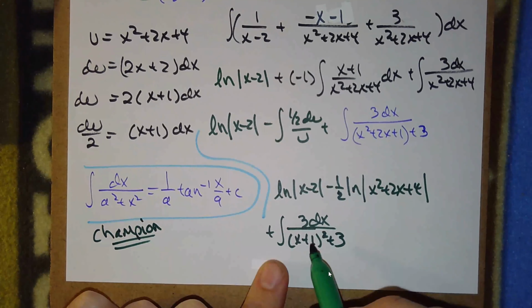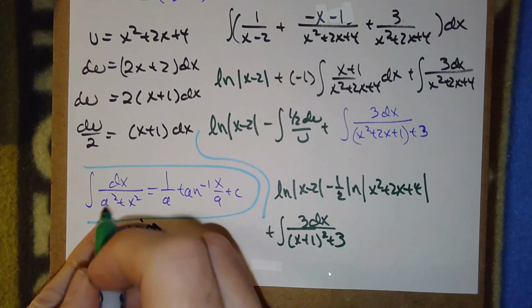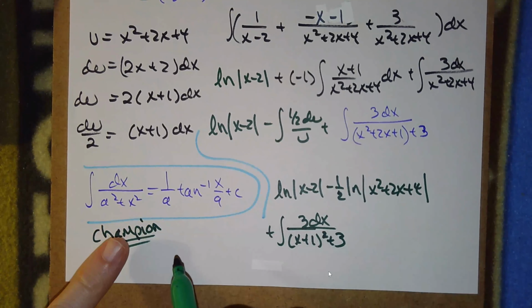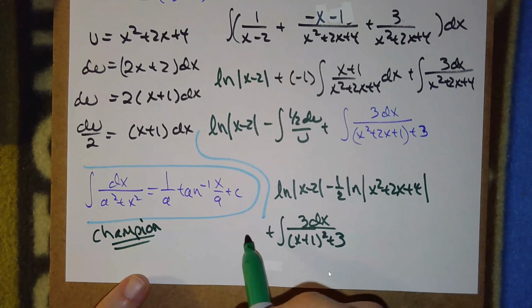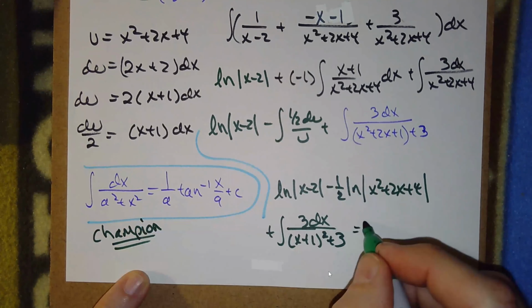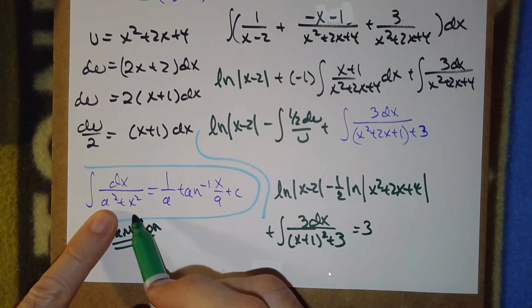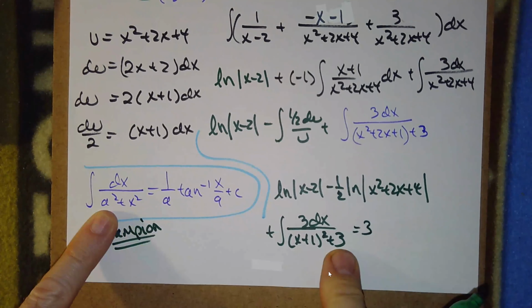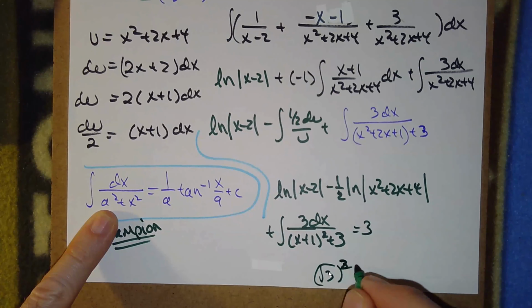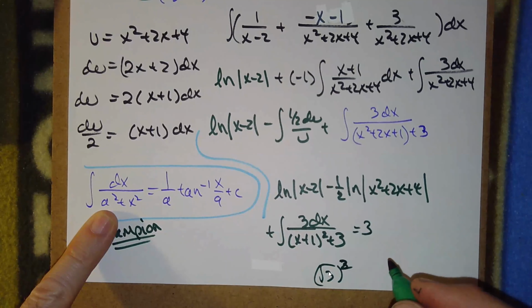Let's see if we can't force this into this pattern here now. The 3 can come out in front. It's going to be 3. A squared. Well, that doesn't look like a square unless you think of it as the square root of 3 squared, in which case, okay, it's a square.